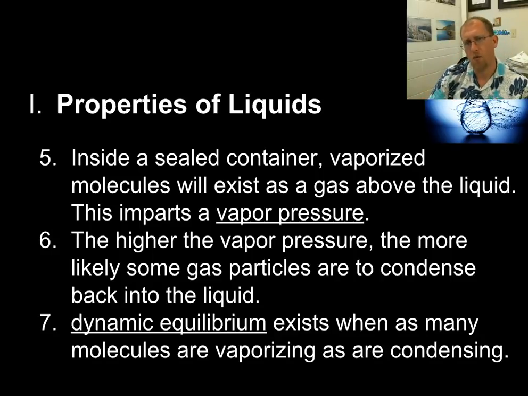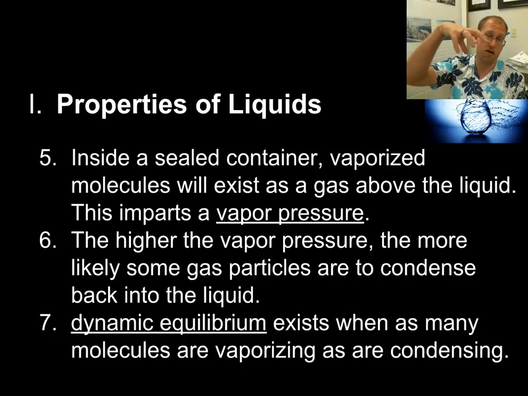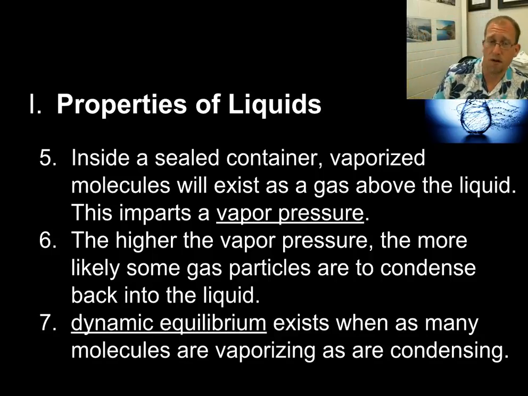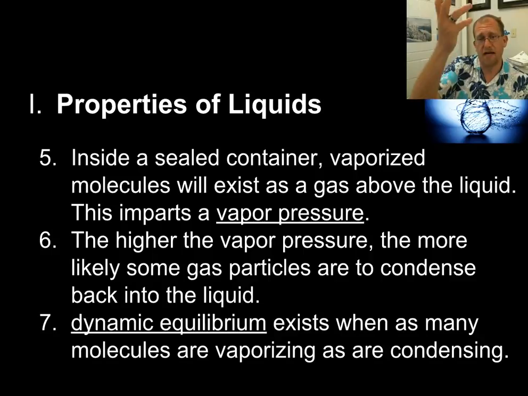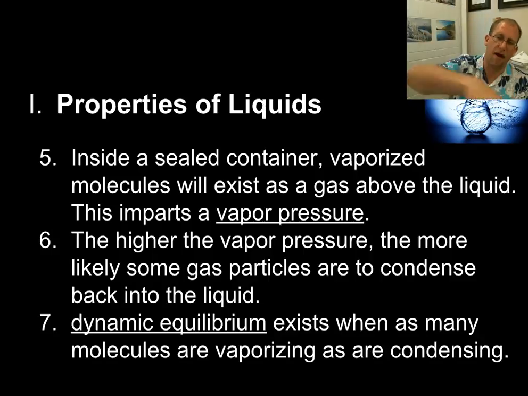Liquids will continue to vaporize into that space until it reaches a certain point where there's too much vapor pressure up there, and any more particles of the fluid that emerge out of the liquid state and into the vapor state will force other particles out of the vapor state back into the liquid.